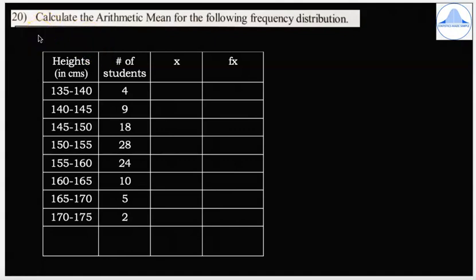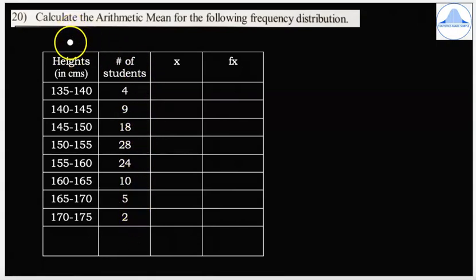The last question, the 20th one: calculate the arithmetic mean for the following frequency distribution. Heights in centimeters are given in the first column: 135 to 140, 140 to 145, up to 170 to 175. The number of students are 4, 9, 18, 28, 24, 10, 5 and 2.